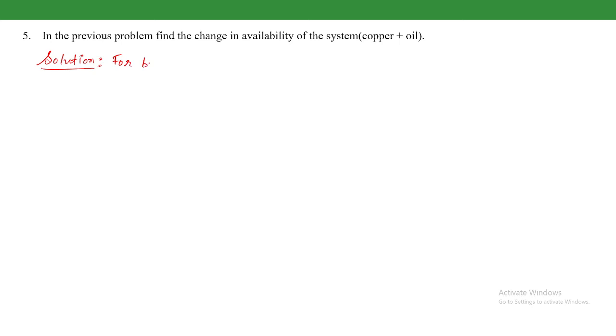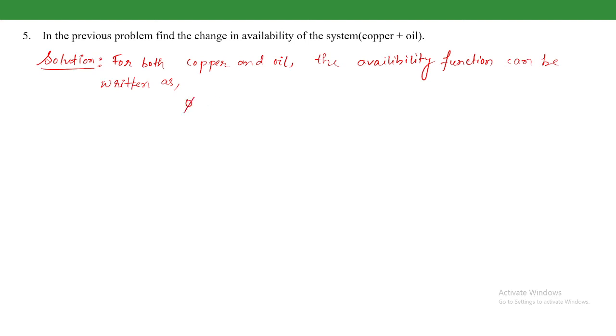For both copper and oil, the availability function can be written as phi equals u plus p naught v minus t naught s.